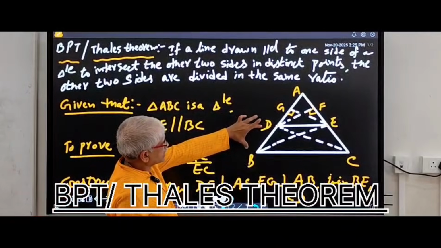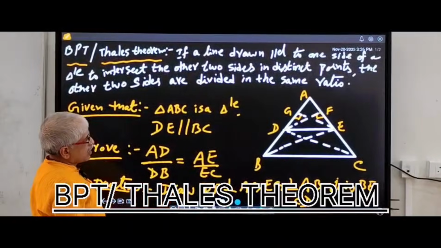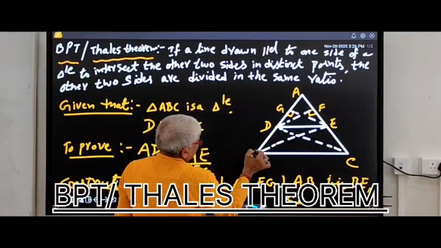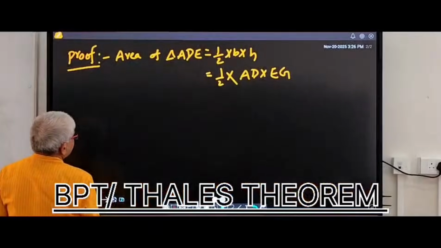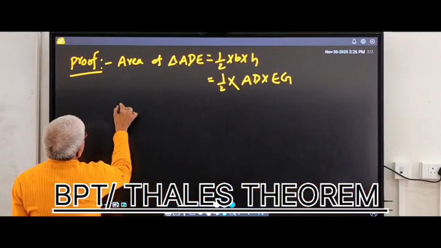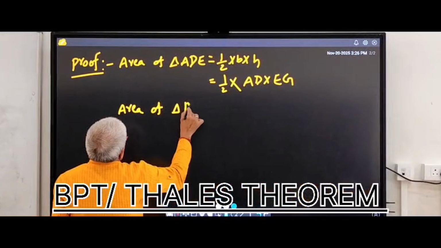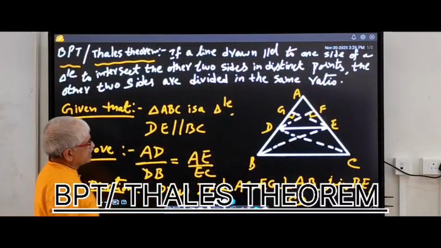So you should find another triangle where DB is included. So what I will do now? I will take the triangle BDE. Area of triangle BDE.